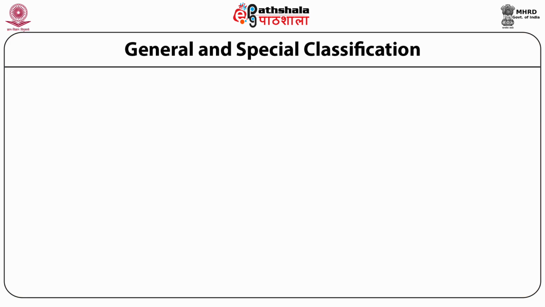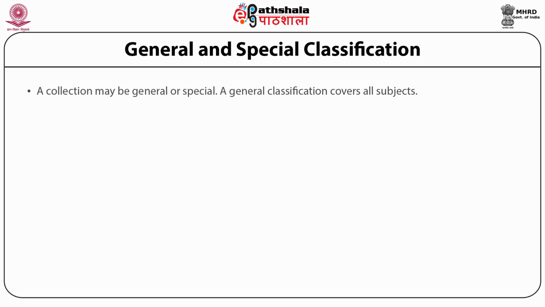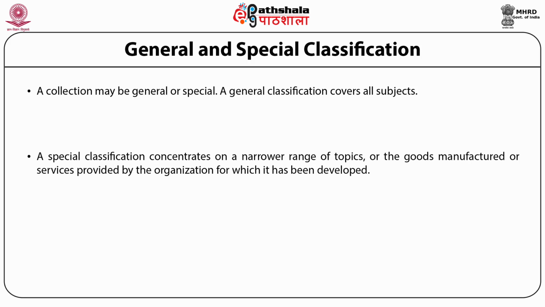As already said, classifications are divided into two categories, that is general and special classifications, on the basis of the subject areas covered. A collection may be general or special. A general classification covers all subjects. A special classification concentrates on a narrower range of topics or the goods manufactured or services provided by an organization for which it has been developed.